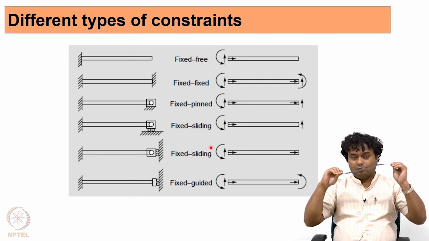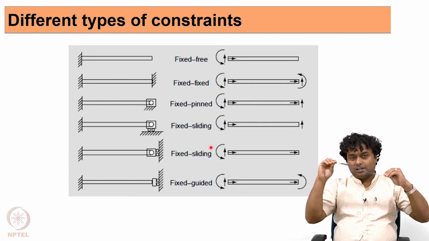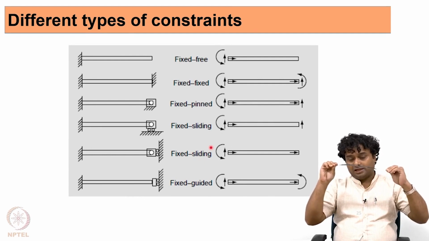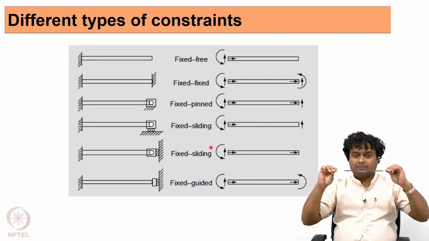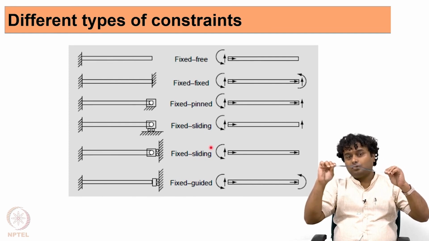It cannot rotate, but it can move. You see the motion of this metal scale: here it is totally fixed, and at this end, my right hand is actually moving, but I am not allowing it to rotate.